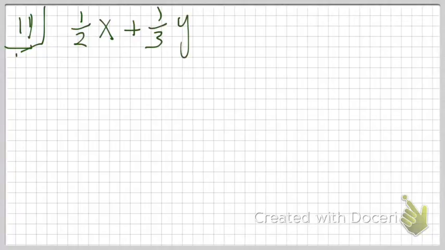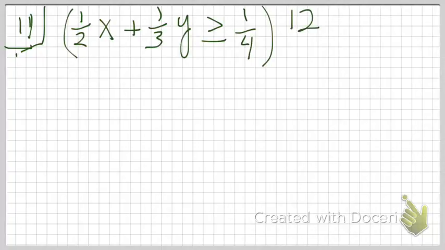Plus 1/3 times y is greater than or equal to 1/4. Now what I did is I multiplied everything by 12 to clear the denominators. So I got 6x plus 4y is greater than or equal to 3.